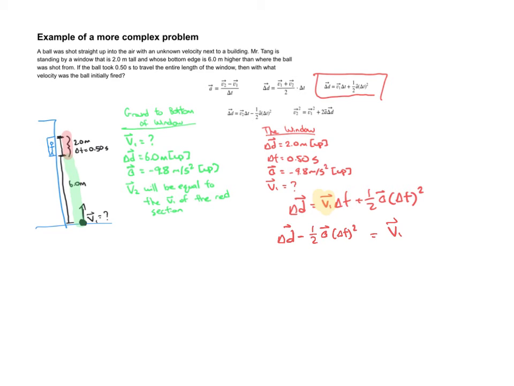So I'm still going to have to divide both sides by delta t. And that will successfully isolate for v1. I'm going to go ahead and fill in those values now, and then put it in the calculator.